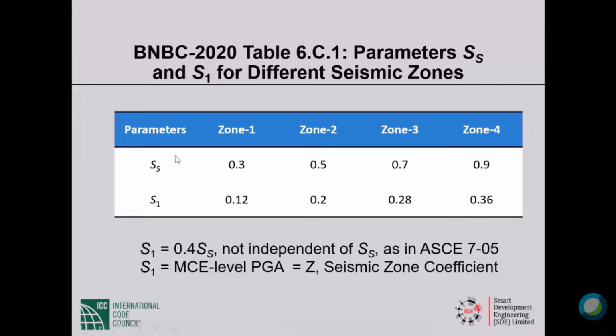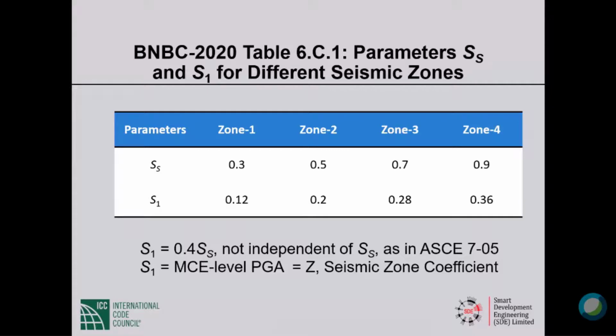In Appendix C of BNBC, the S sub S and S sub 1 values for the different zones are simply listed. So for zone 1, we have an S sub S of 0.3, S sub 1 of 0.12, for zone 2, 0.5 and 0.2, and so forth.